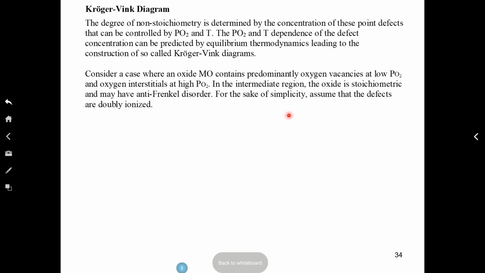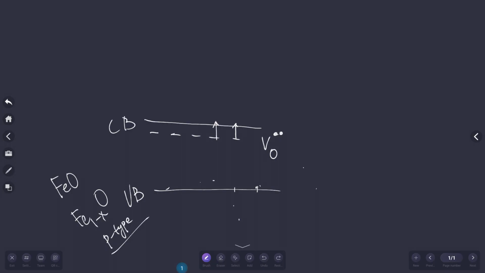And it says, for the sake of simplicity, assume the defects to be doubly ionized. What does that mean? You can probably say, okay, see that? This oxygen vacancy is doubly ionized. And depending on the temperature and PO2, there is the possibility of having a neutral oxygen vacancy, singly ionized, or fully ionized, that is doubly ionized.